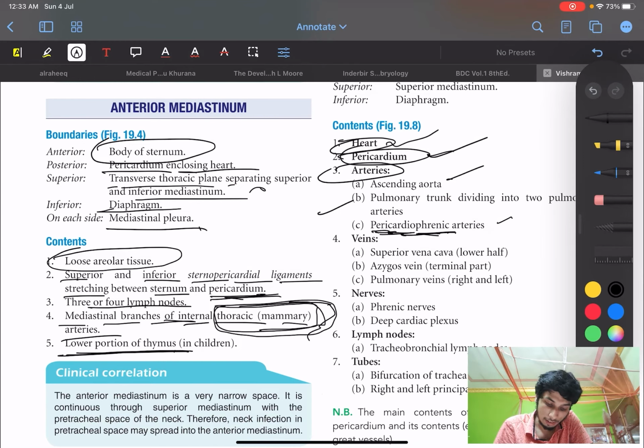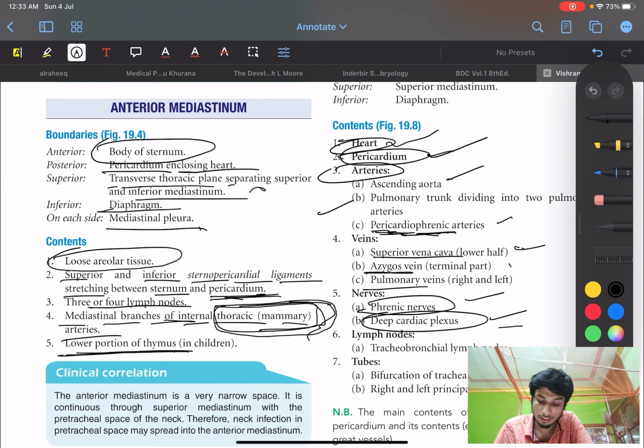Veins, as we discussed already: azygous veins and the pulmonary veins. Nerves: phrenic nerve, deep cardiac plexus, which supplies the heart and the diaphragm.